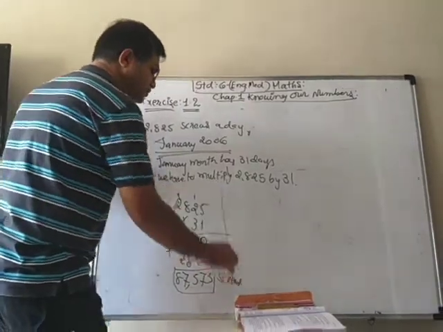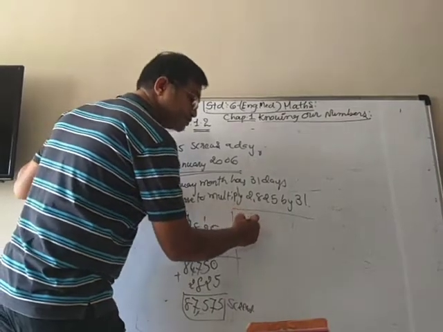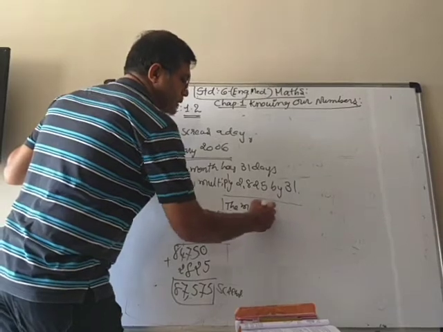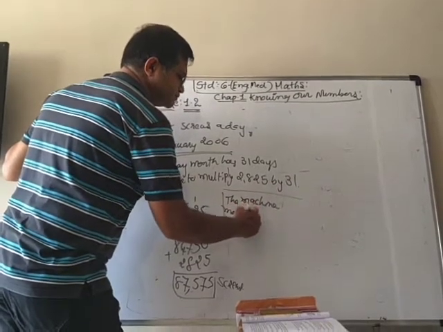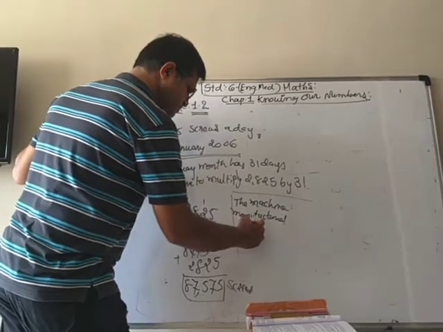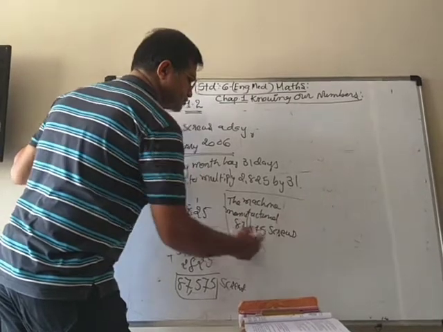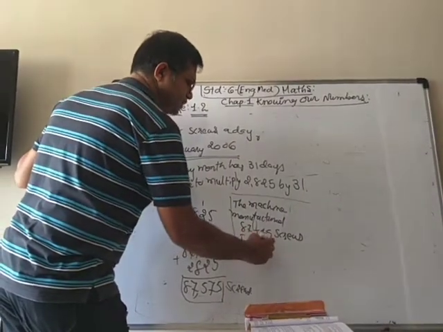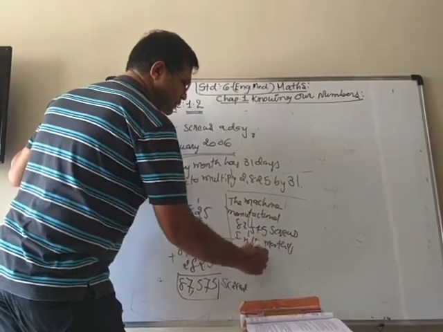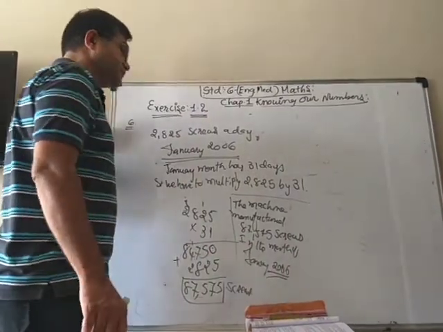So you have to write down the answer in the end, that the machine manufactured 87,575 screws in the month of January 2006.